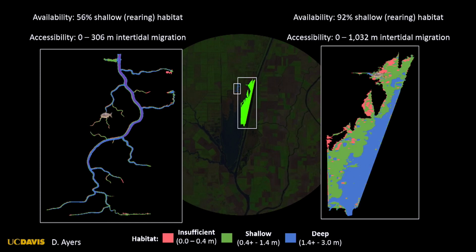So there's more rearing habitat in Little Holland Tract, but because Little Holland Tract is so large and shaped the way it is, fish have to move as much as a kilometer to access it. And that is on a single tidal cycle. So within 6 hours, they will have to travel a kilometer to get to suitable habitat, which has all sorts of implications bioenergetically, but also exposure risk. The more you move, the more likely you are to encounter predators and things of that nature.